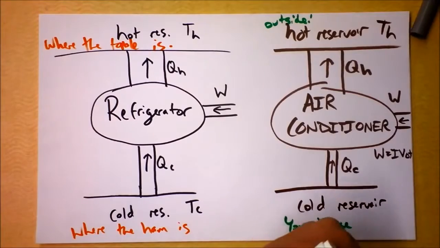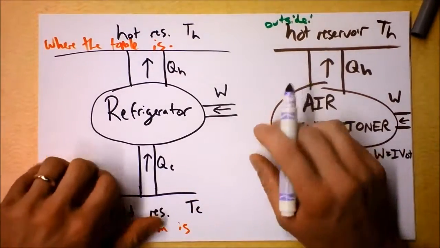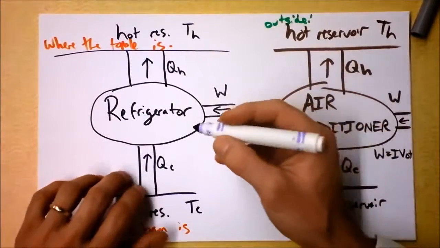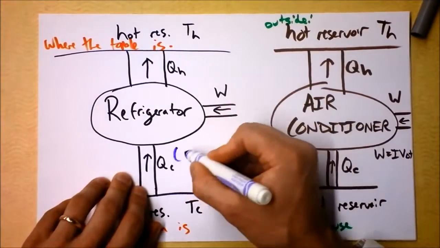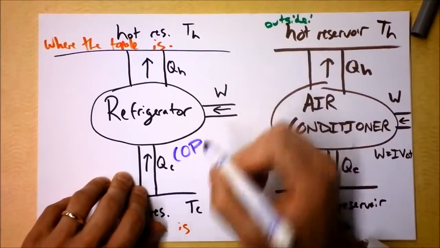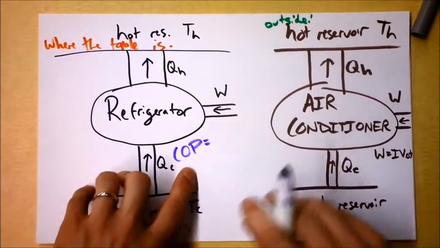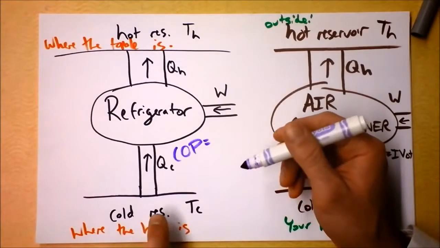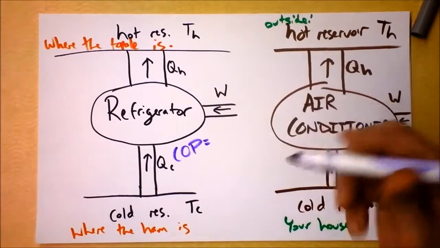See, the efficiency of a refrigerator isn't as well defined as the efficiency of a heat engine might be. I'm going to define something called a coefficient of performance for a refrigerator or for an air conditioner. And the coefficient of performance is kind of about what you want to happen divided by how much you have to pay for it.